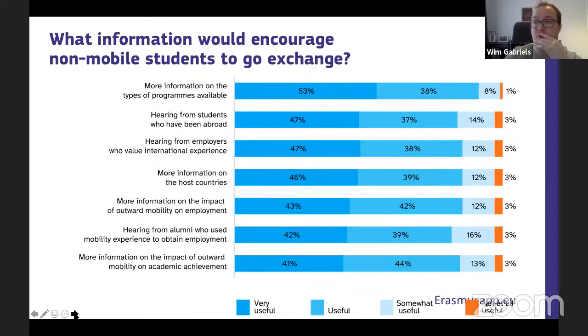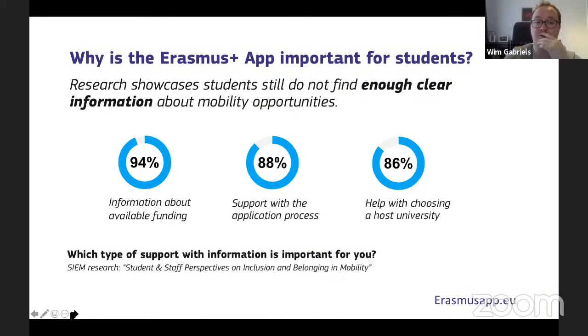Then we also noticed that when offering specific information or specific support, students indicate that they would like more information about funding, for example, or support with the application process, or help choosing their host university. Also elements that are being tackled in the Erasmus Plus app.